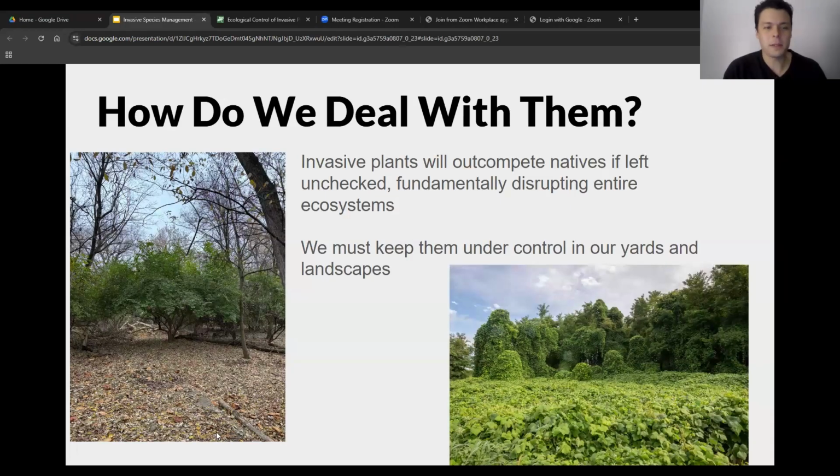All hope is not lost. Although these invasive plants can have such a detrimental impact on our landscapes and in our own properties, there are ways to get rid of them, even with 100% success. You can see on the left, it's our old friend, the Amur honeysuckle, Lonicera maackii.